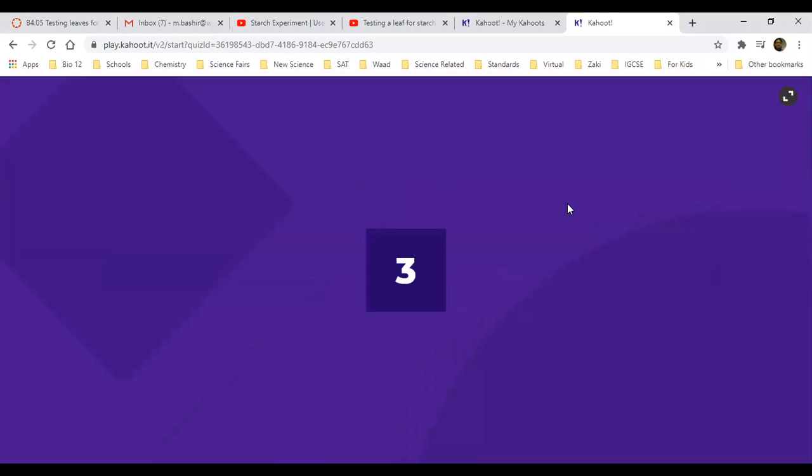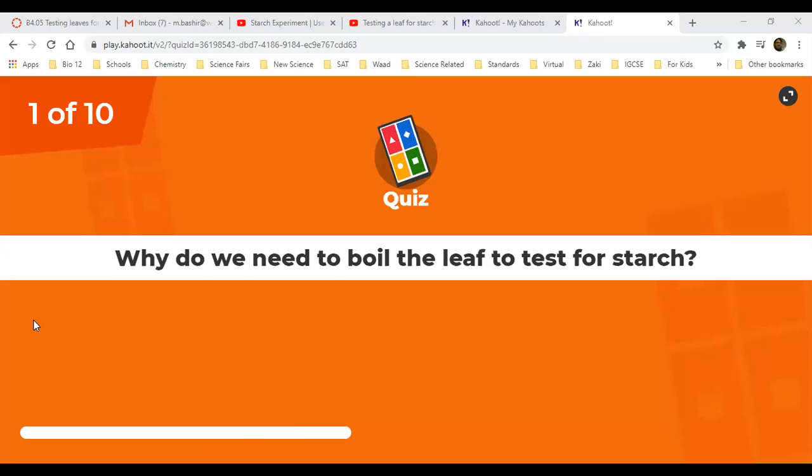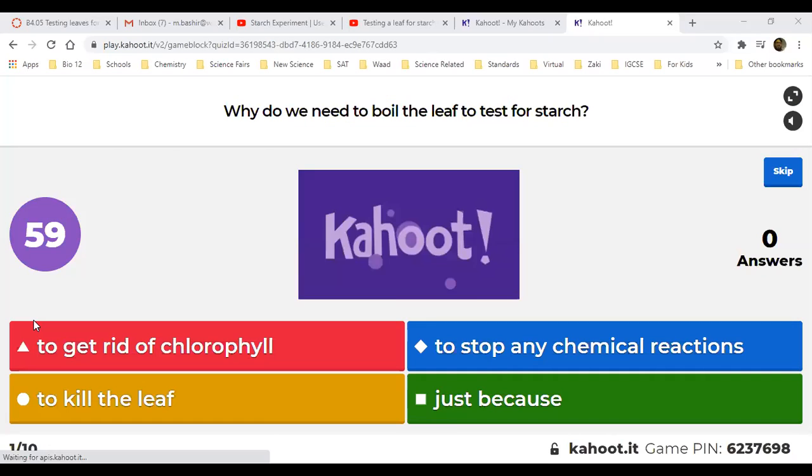So let's start with photosynthesis. I need somebody to read out the questions as well. Who would like to read? Okay, here's the mic. Why do we need to boil the leaf to test for starch?